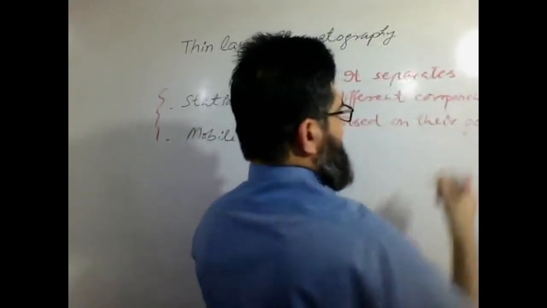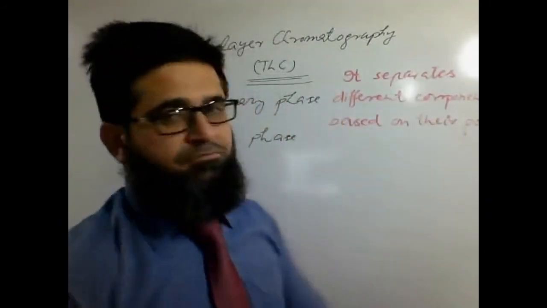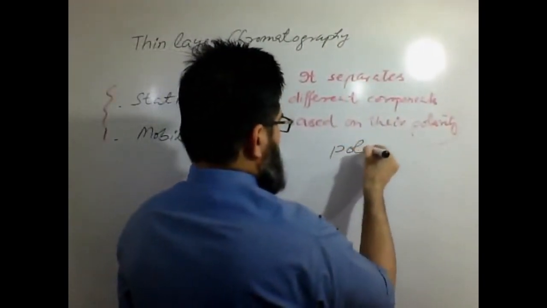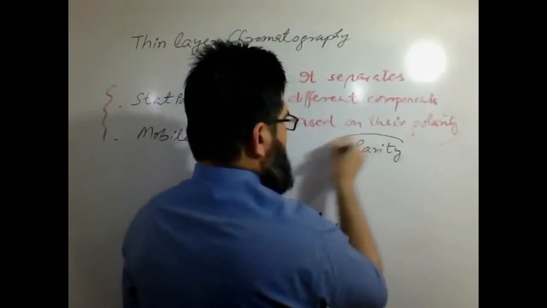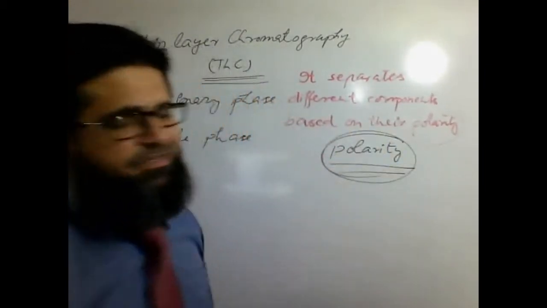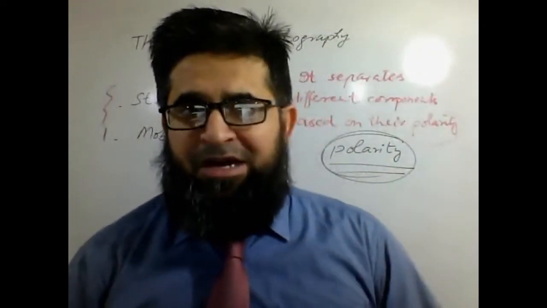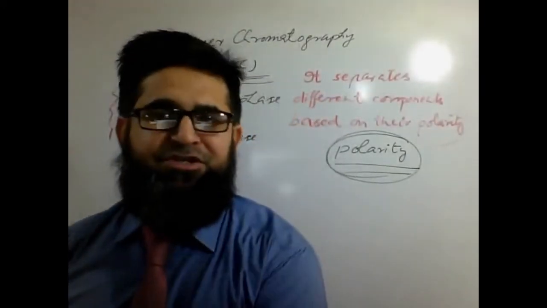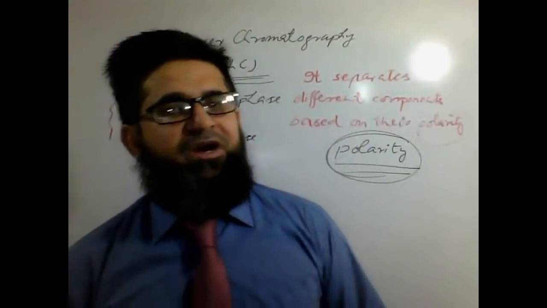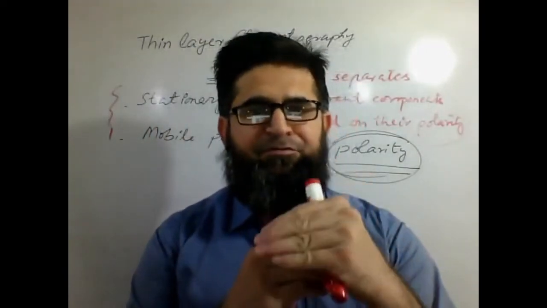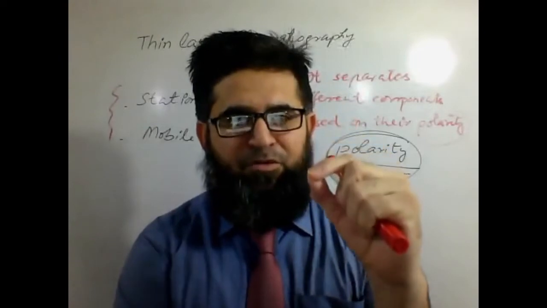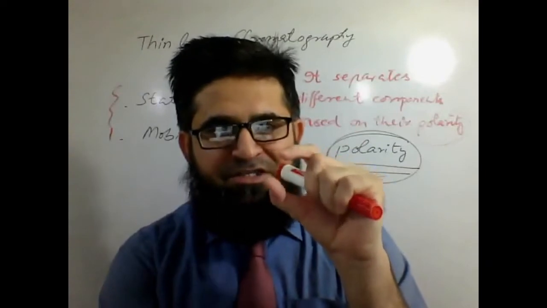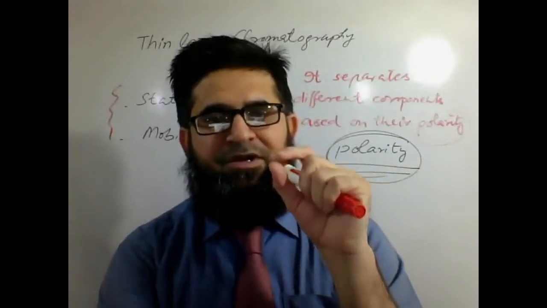The polarity of the molecule is the main criterion that determines their movement on the stationary phase. As per their polarity differences, they move at a different pace on the stationary phase, and different fractions appear in the form of different spots, distinct from each other, at a specific distance.